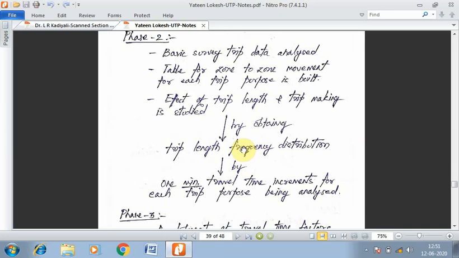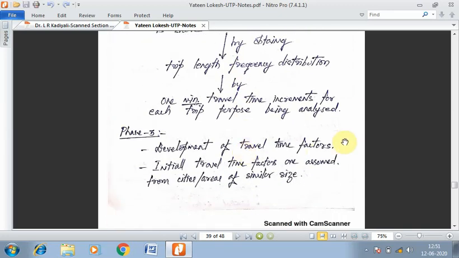Next, in phase 3, the development of travel time factor and the initial travel time factor are assumed based on the previous studies which have been carried out in other similar cities or areas wherein the planning is already being carried out.